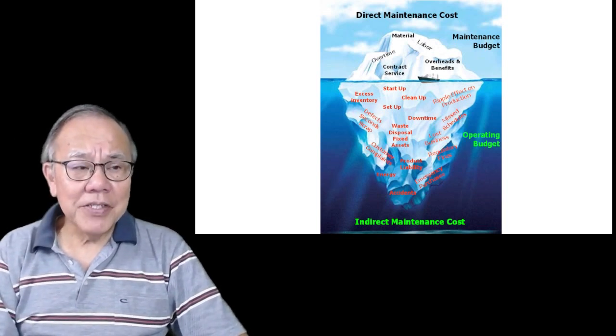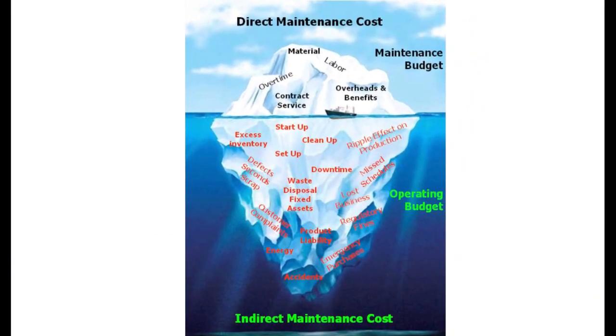So 90% of this indirect cost is things that you don't see. For example, if you don't produce a quality product, you throw away the product or you rework it. So you're spending more time, more resources to cope with the poor quality. And now you've got customers who are not happy, they don't come back and buy again. So you've got loss of sales. So the losses are actually big, big time.